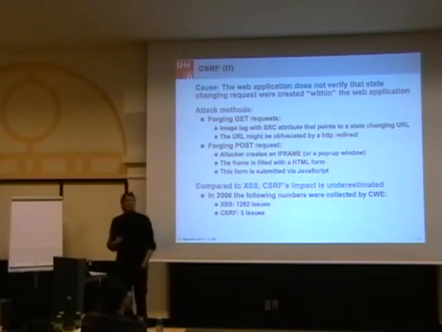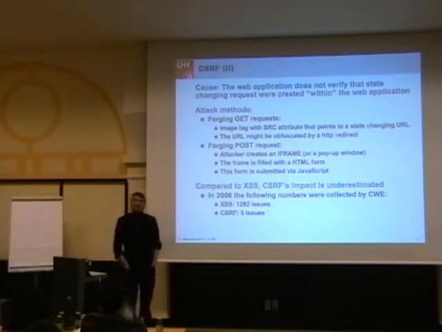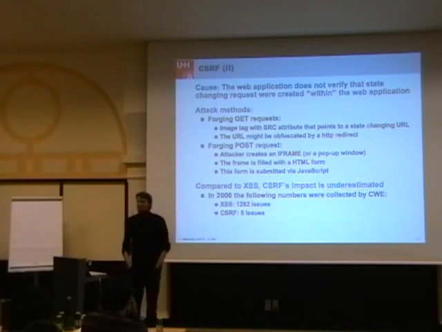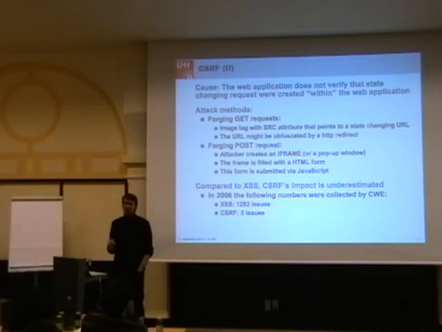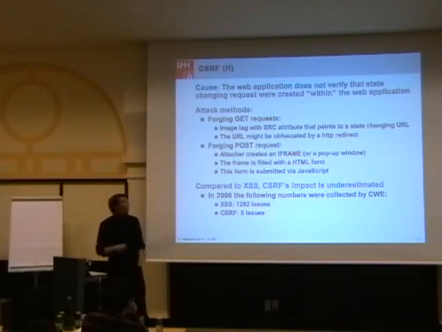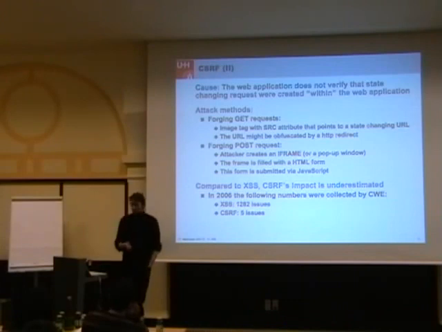So what is really the cause? The vulnerable web applications don't verify that state-changing requests are really created through interaction with pages of the application itself. So they don't really make sure, okay, Martin's sending this money because in the first place I gave him the HTML form to give him the amount details and whatever information is needed for this action.